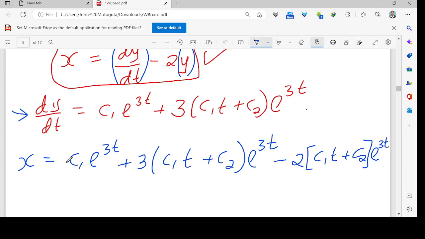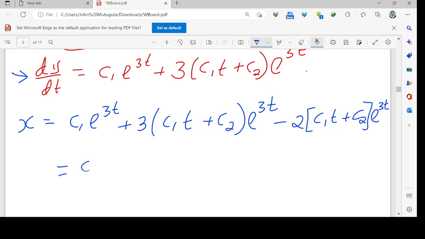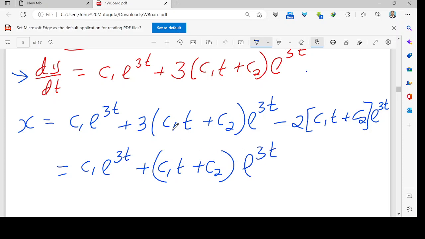So we see that we can now simplify because these terms are similar. Then we shall have 3 minus 2, which is 1. So this becomes c1 e raised to power 3t plus (c1 t plus c2) e raised to power 3t.